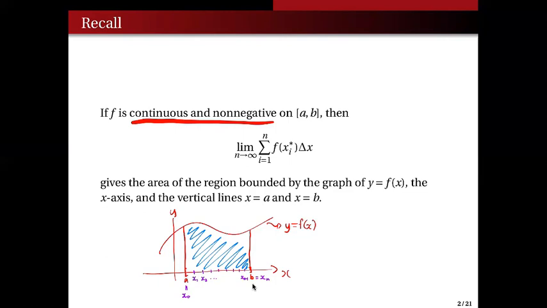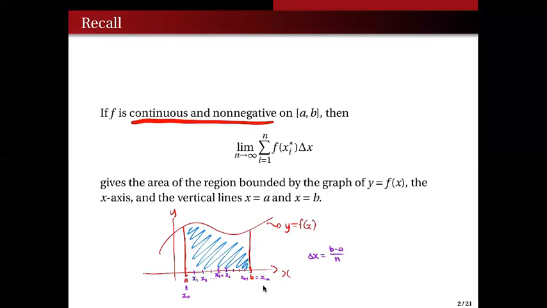Suppose we look at this part here as x sub i minus 1, and this one is x sub i, so that this is your ith subinterval. Since we have divided the interval [a, b] into n subintervals, let us denote by delta x the length of the subintervals, and it will be (b minus a) over n.